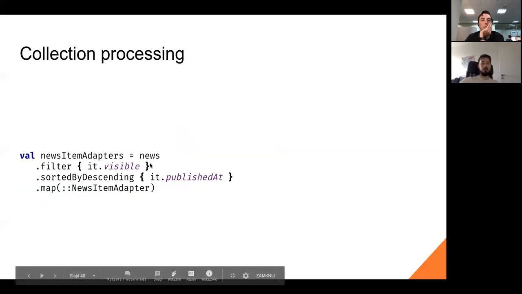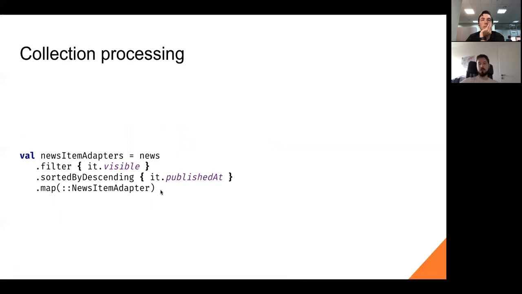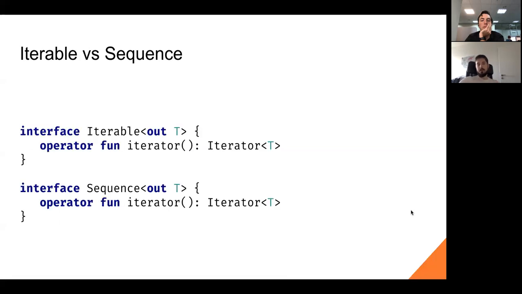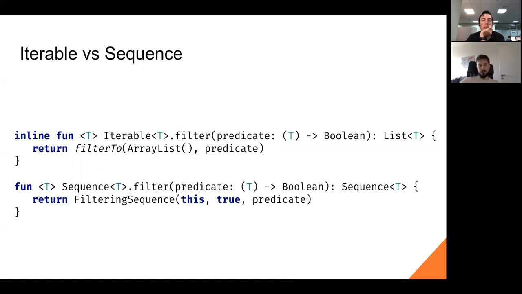In general, if I just added a sequence in here, it would work exactly the same. I would only need to add toList at the end. So they are very, very similar. Also, iterable and sequence are nearly identical under the hood. The difference is in the contract, so their behavior, the way they process elements, is very, very different.